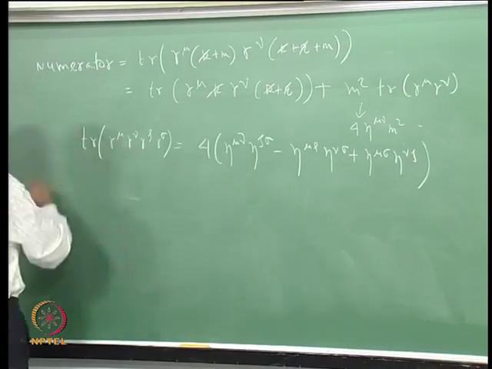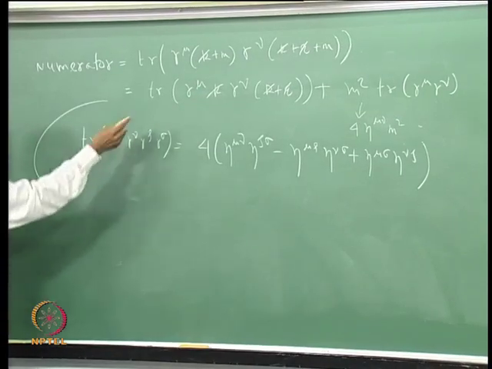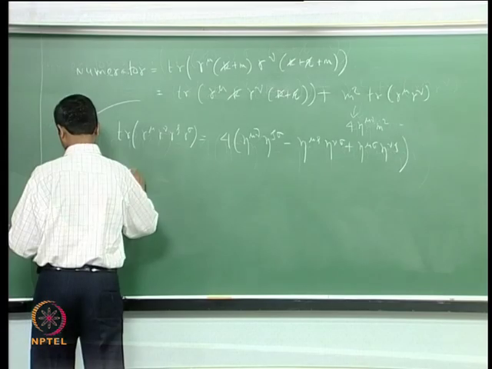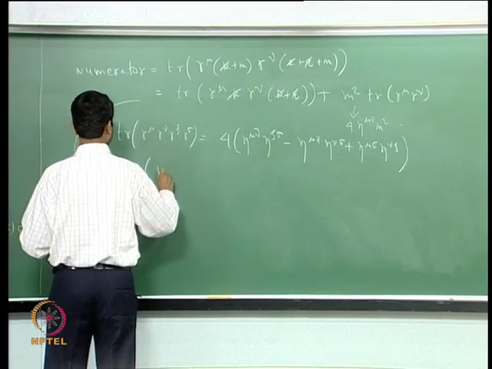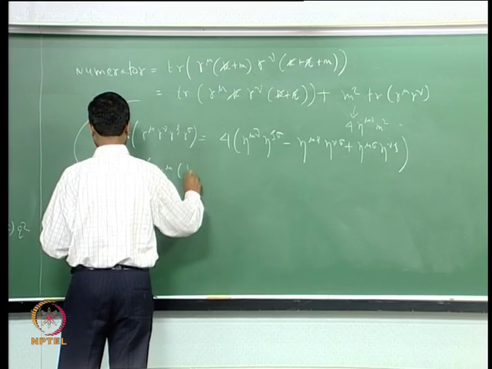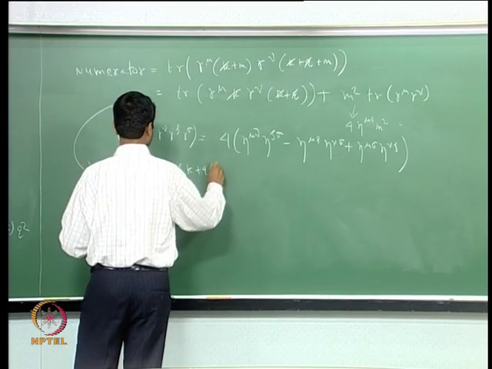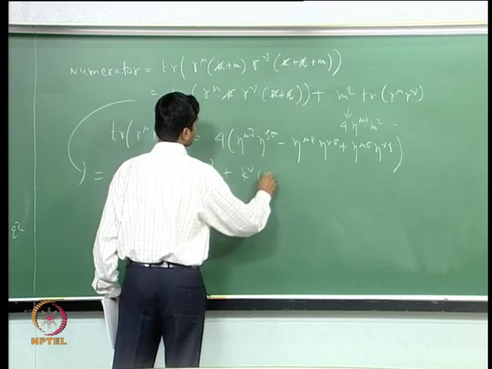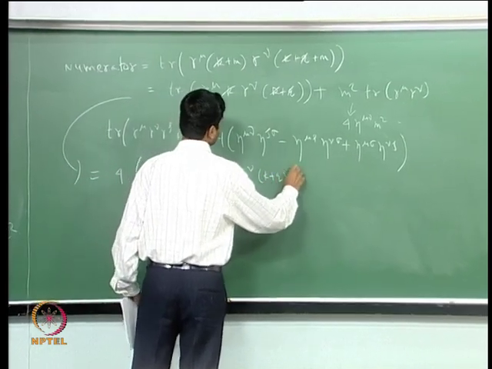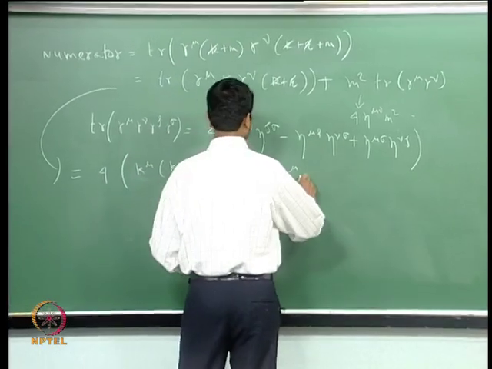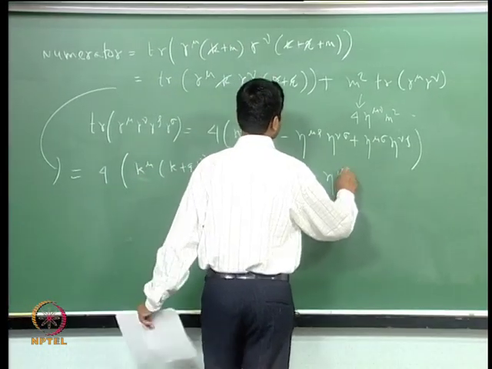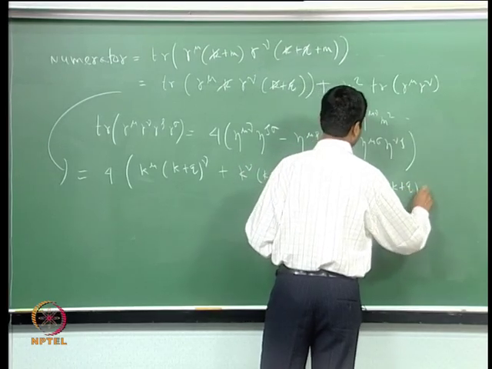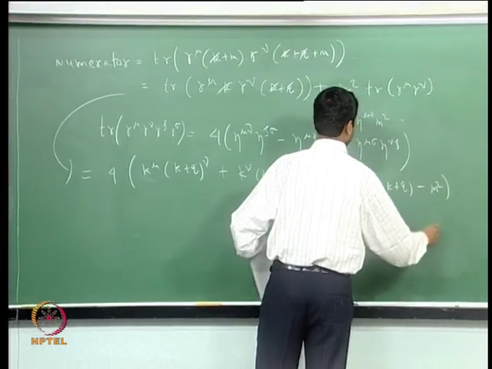Using this we can simplify that, and finally what we will get is 4 times k mu (k plus q) nu plus k nu (k plus q) mu minus eta mu nu (k dot (k plus q) minus m squared).